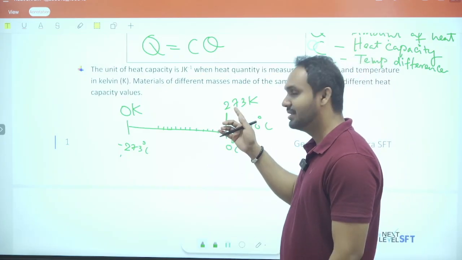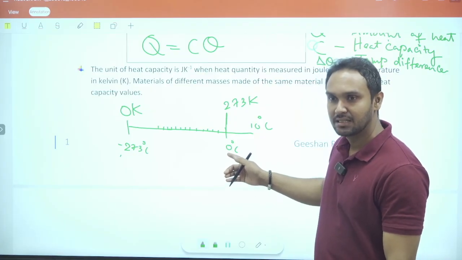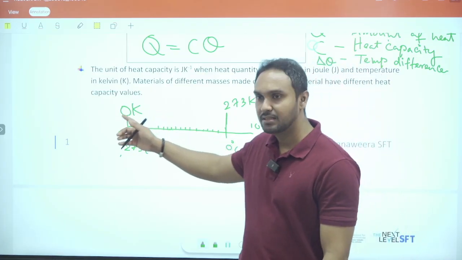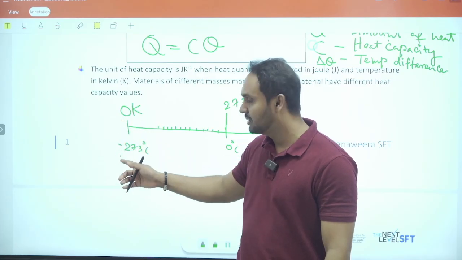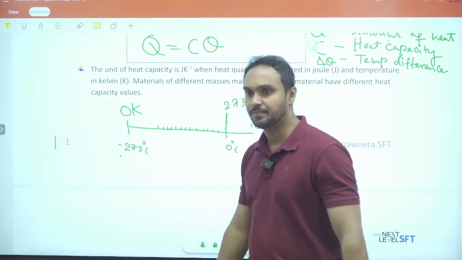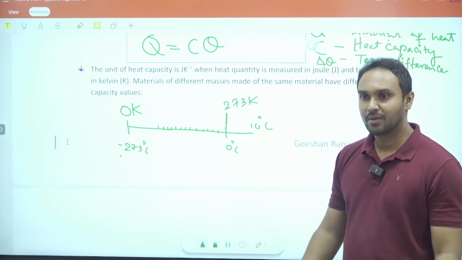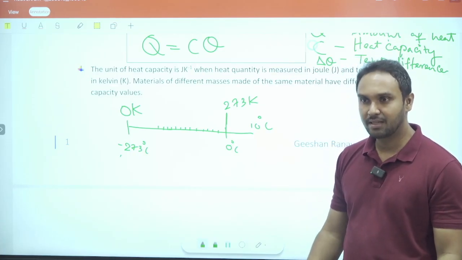So you are converting this 273 into Celsius, which is 0, and converting this 0 Kelvin into Celsius, which is minus 273. Now what is the difference in Celsius? 273. Now do you see the difference is the same?